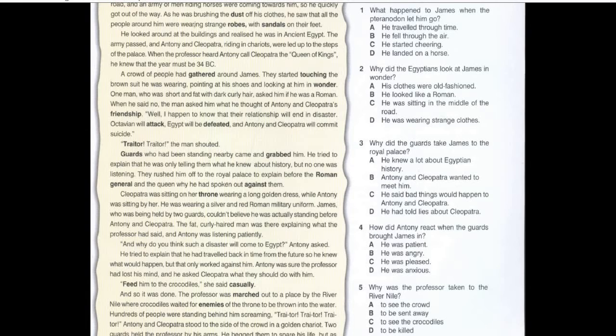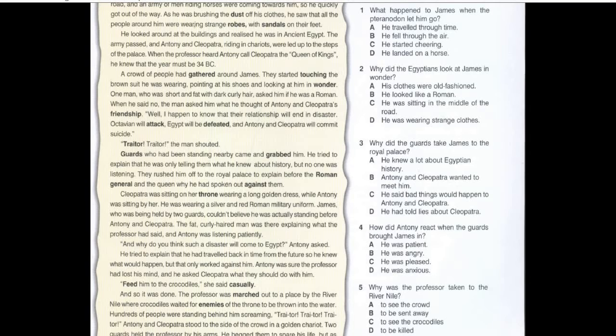Guards who had been standing nearby came and grabbed him. He tried to explain that he was only telling them what he knew about history, but no one was listening. They rushed him off to the royal palace to explain before the Roman general and the queen why he had spoken out against them. Cleopatra was sitting on her throne wearing a long golden dress, while Antony was sitting by her.